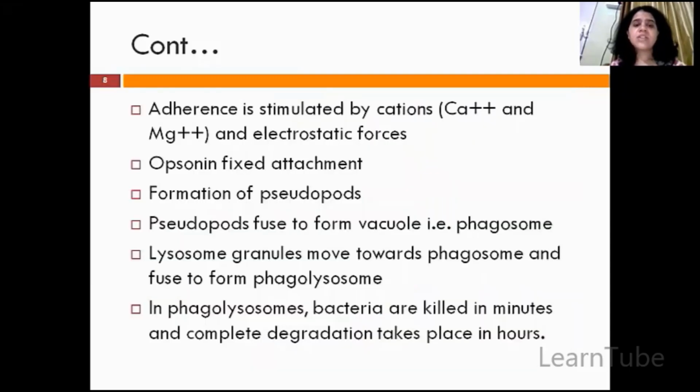During this adherence process, cations, that is calcium and magnesium, and some electrostatic forces are required. Even opsonin-fixed attachment also takes place. Opsonins are small projections present on the pseudopods which help in the attachment of that particular bacteria.